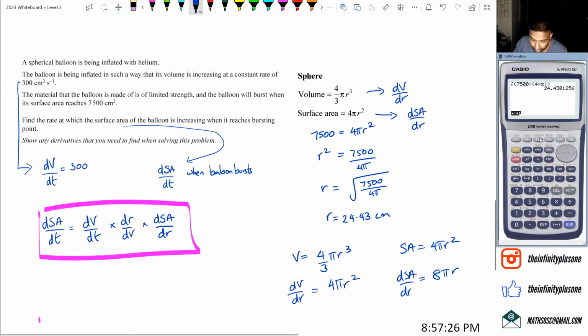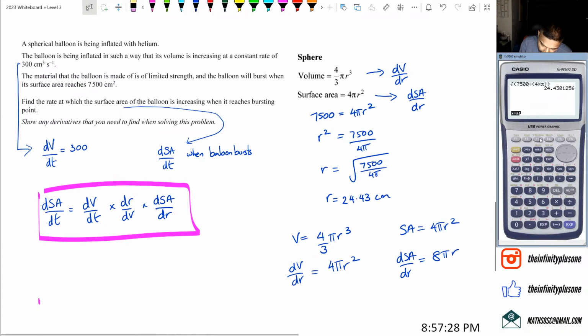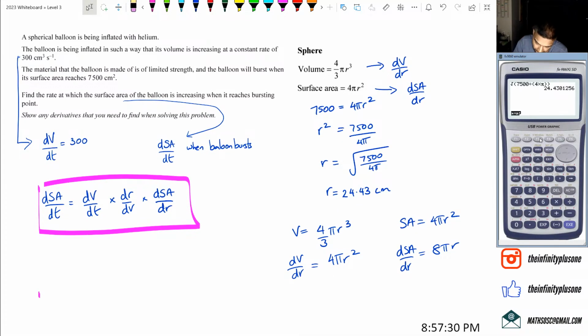Now all I've got to do is substitute. I need dr/dV, so I need to flip this upside down, which gives me 1 over 4πr². So dSA/dt is equal to dV/dt, which is 300, multiplied by dr/dV, which is 1 over 4πr², multiplied by 8πr.